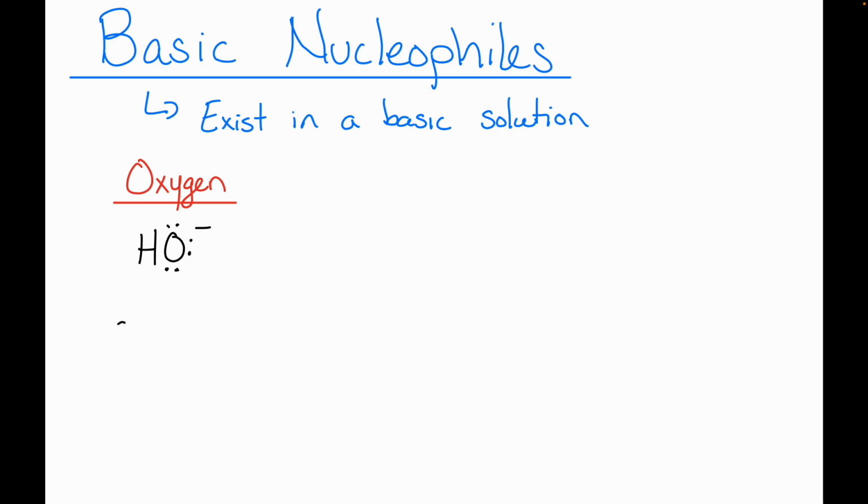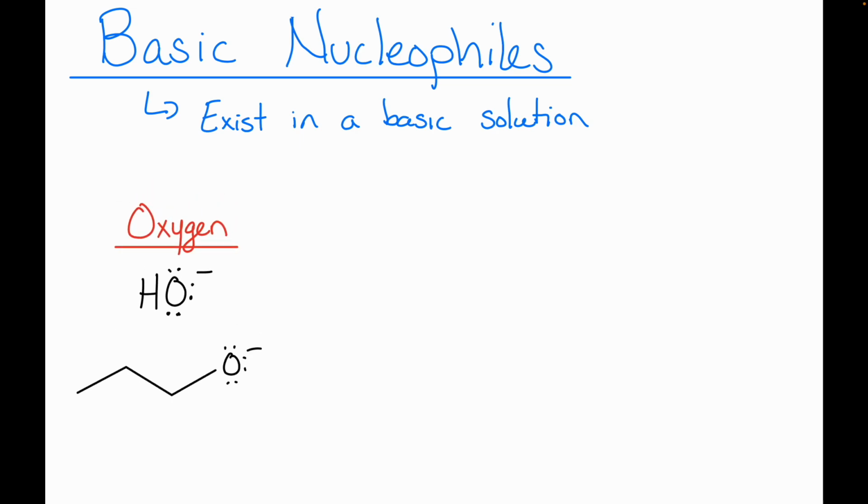All right, any oxygen with a negative charge, so it can also be one of those alkoxide ions, those deprotonated alcohols. That would also be a nice, good, basic nucleophile. Nitrogen is also a good nucleophilic site.